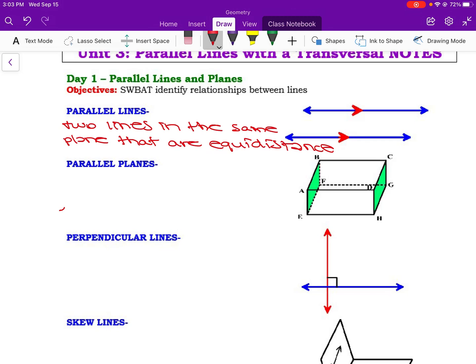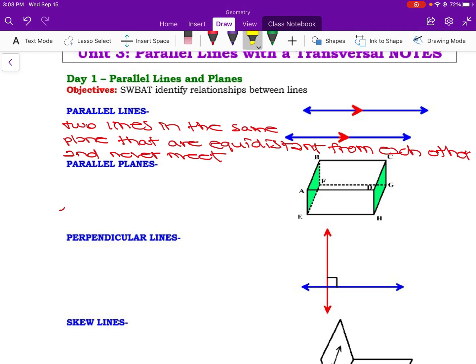And that means each one of their points is equally far apart from a corresponding point on the other line. Equidistant from each other, and never meet.